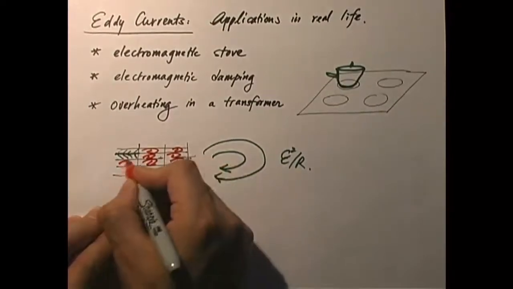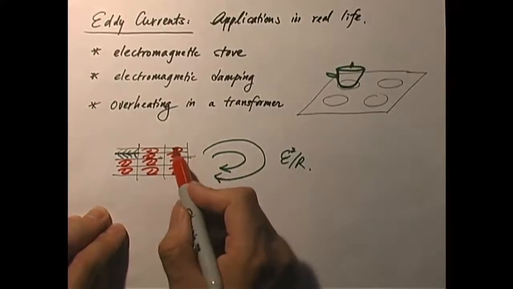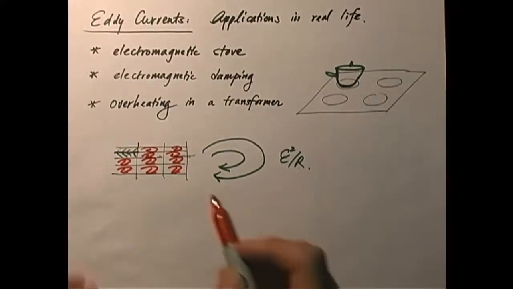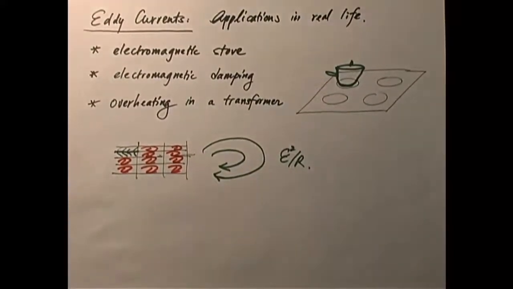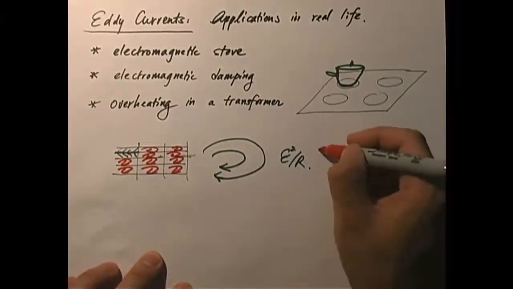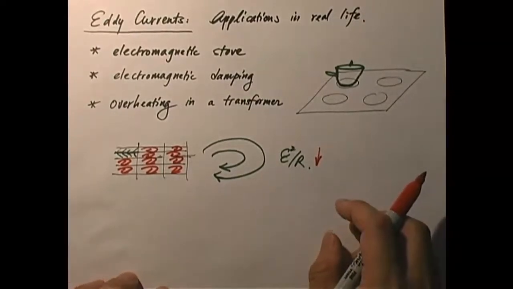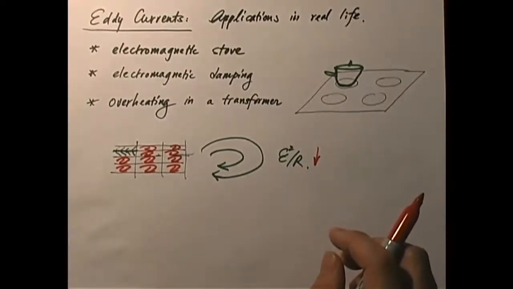And due to the much smaller size of the loop, each loop has much greater resistance. You just make the path really narrow, then you increase the resistance, right? So R effectively can increase a lot, and therefore the thermal power generated by the eddy current can go down. That is how we avoid overheating a transformer.